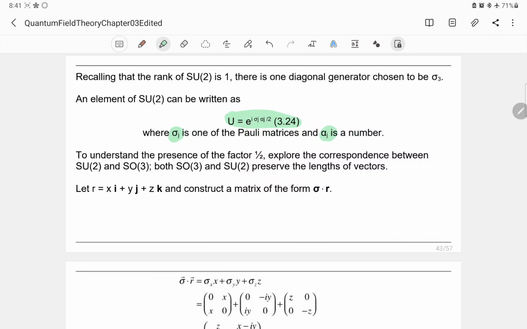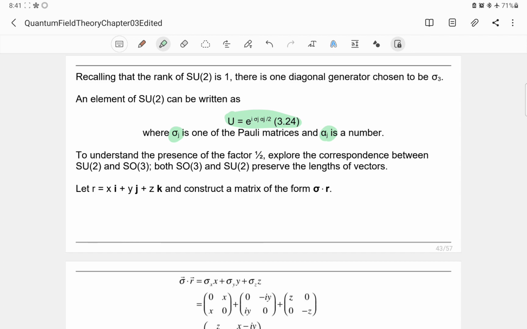To understand the presence of the factor 1/2, explore the correspondence between SU2 and SO3, since both SO3 and SU2 preserve the lengths of vectors.